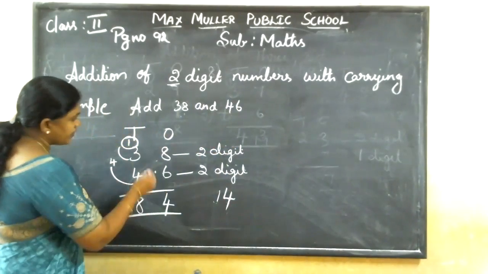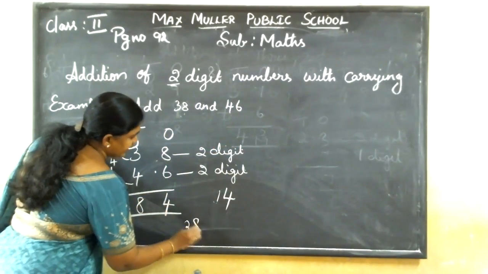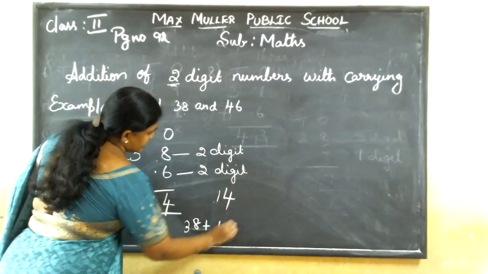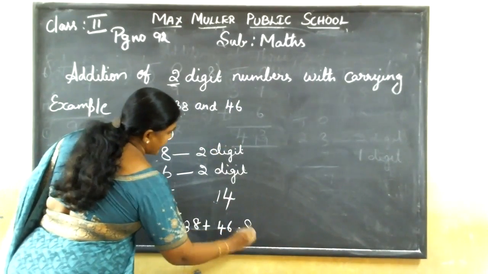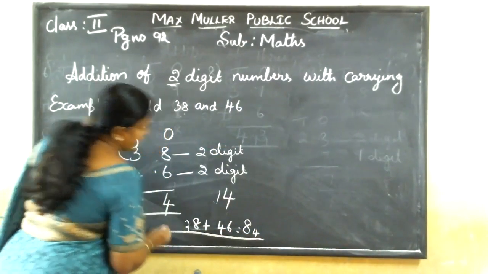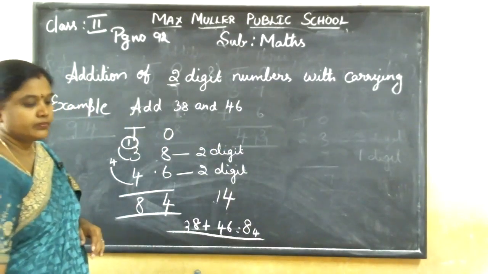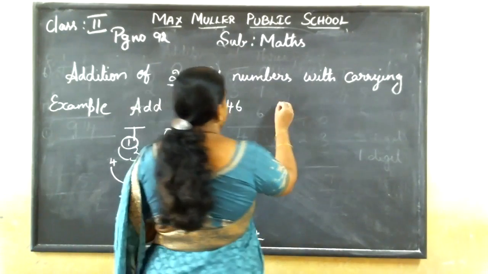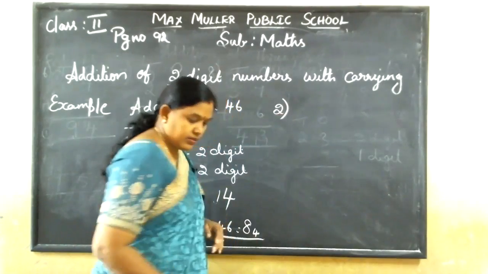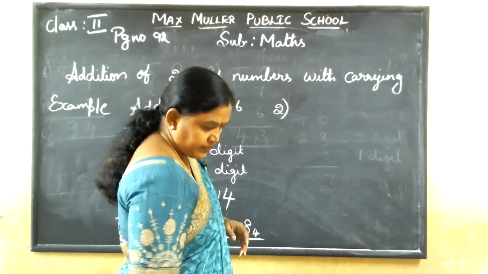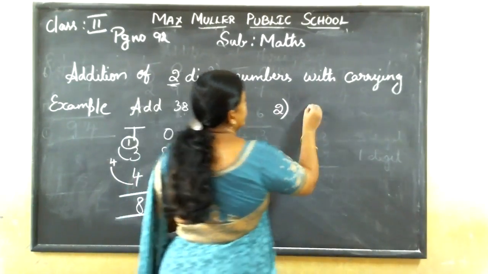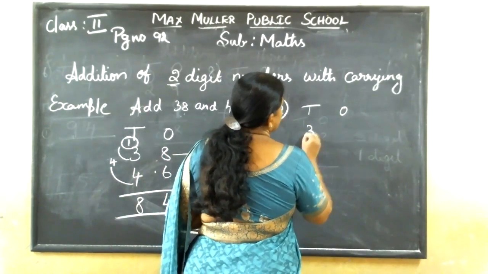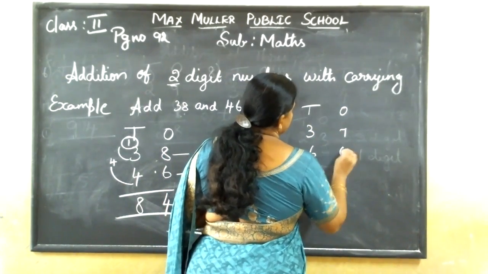Now see, if we finish, 38 plus 46 equal to how much? 84. Answer is 84. Next example 2. Tens, ones, 37, 46.